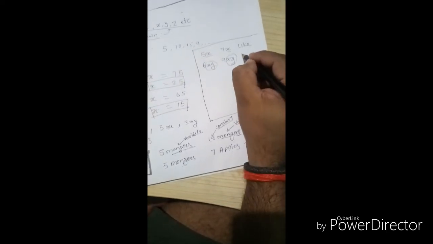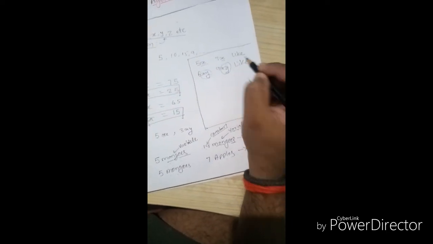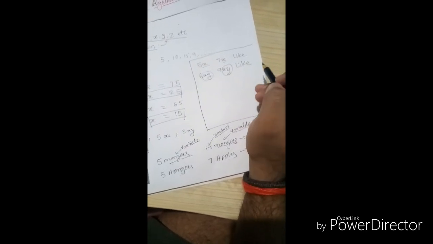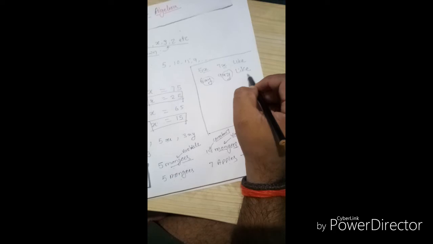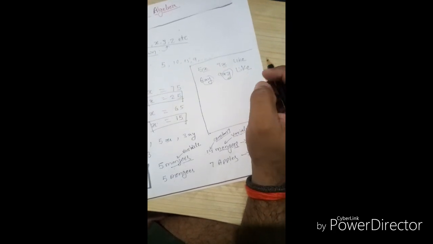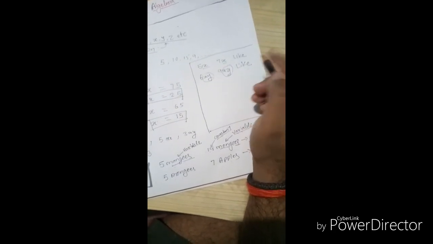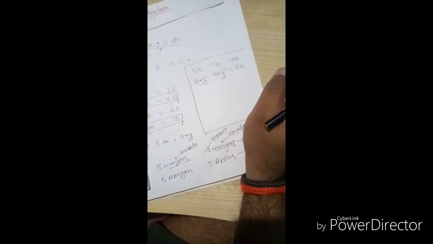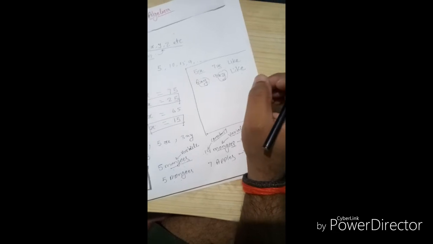The like terms concept is very, very important. I want you to understand it thoroughly, because it will help you understand the fundamental operations in algebra. If you understood like terms, then it's very easy for you to follow the next concepts which I will take in the next classes.